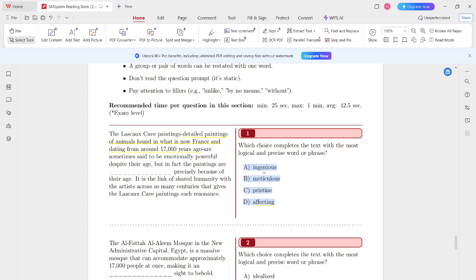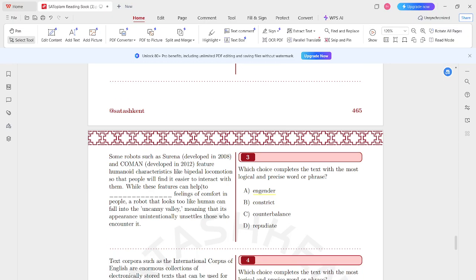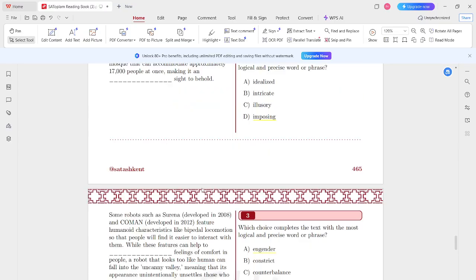This is not a rule, this is not something that is fact, but this is some kind of unofficial rule that you will realize after practicing for a long time, right? If you see two opposite meaning words, for example, bad and good, one of them is highly likely the correct answer. So that was the lesson, guys.